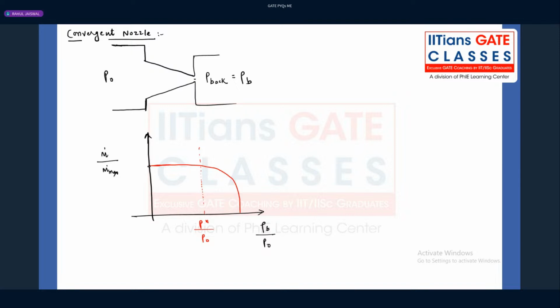This is the mass flow rate you are going to get. For example, you are going to get the maximum mass flow rate, for example, 1 corresponding to P naught 1. But if I increase the P naught, what will happen, guys? If I increase the P naught, this graph will be shifted a little bit like this.